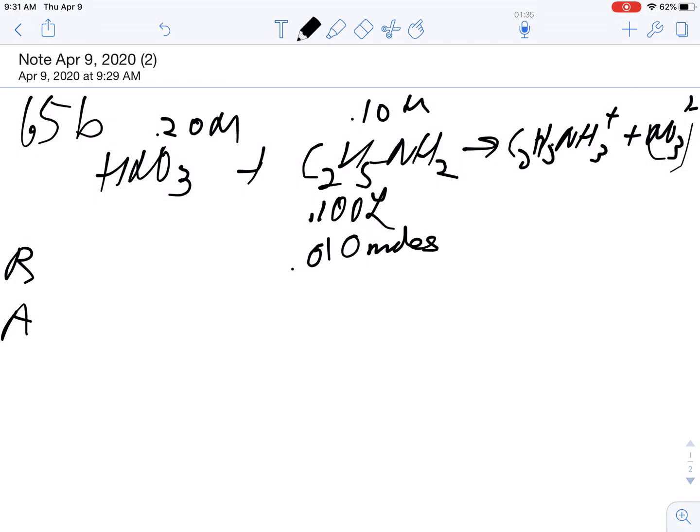So at the equivalence point, I should have the same number of moles. Well, as you can see, this concentration is twice as much as this concentration. Therefore, I will need half as much volume.